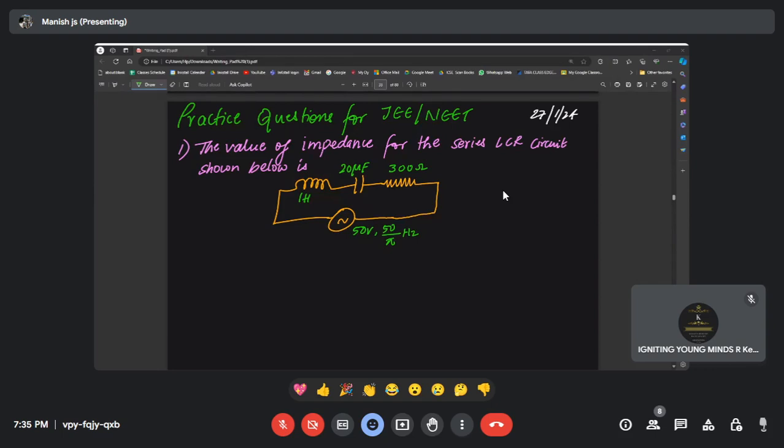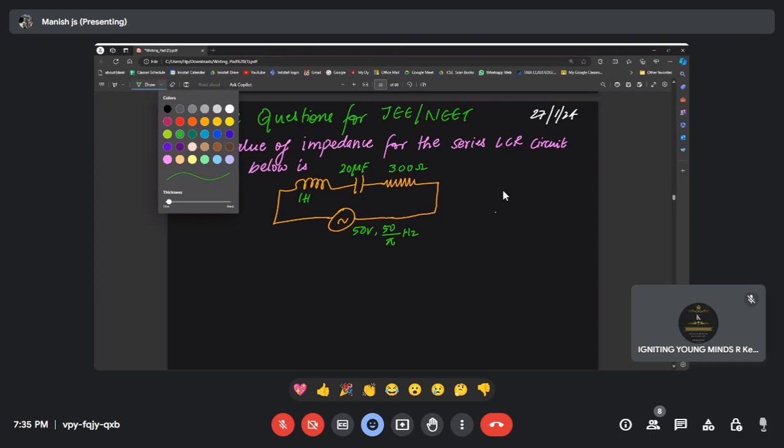Again, if you can have a quick recapitulation of the formula, you can try this and tell me what the answer for the impedance would be. Before we solve it, I'll give you the options anyway, so you can start solving it.